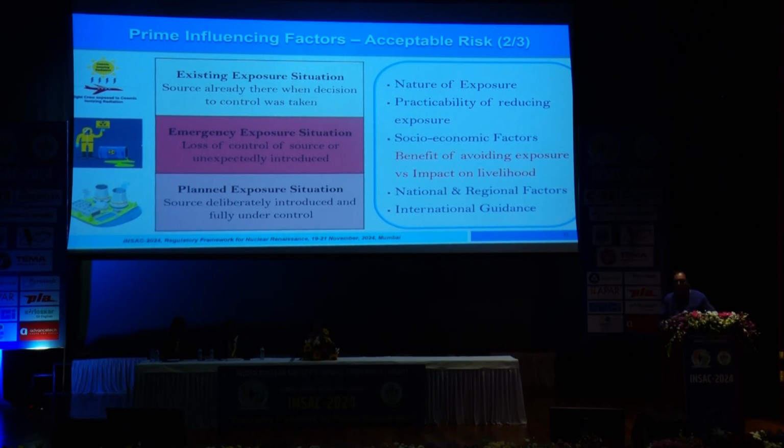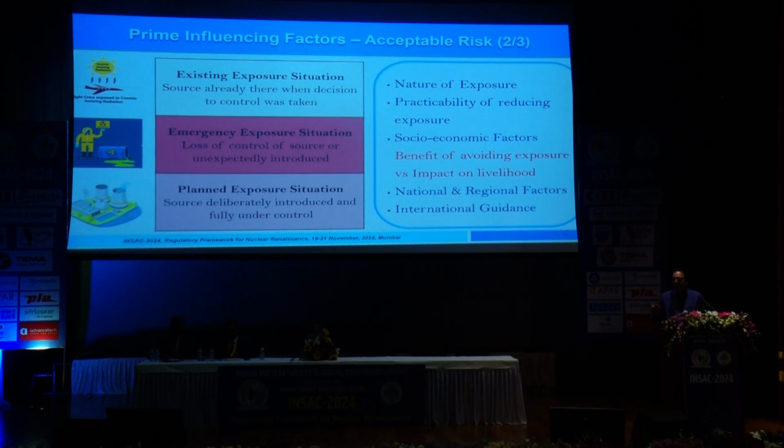Next, influencing factors. Potential risk, which I explained earlier, is the maximum a particular facility can do, and for all the facilities, it will vary. Now, coming to the acceptable risk. Acceptable risk is nothing but our dose criteria. This in turn depends upon the exposure situation. For a plant exposure situation, dose criteria will be different.